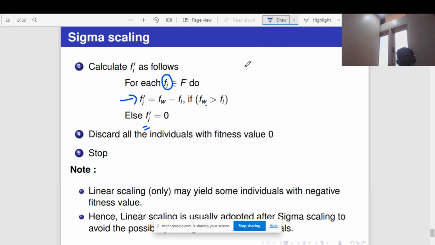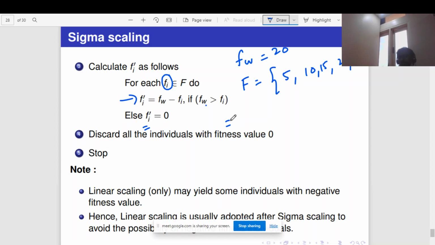For example, say Fw is equal to 20, and F is equal to 5, 10, 15, 25 and 30.